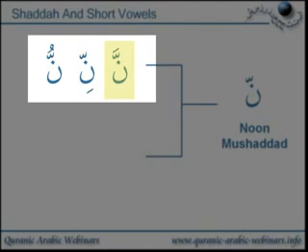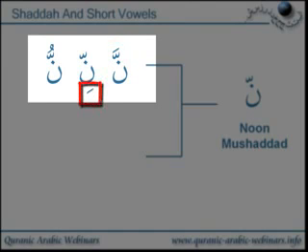So we've got the Noon with Shaddah, and above the Shaddah is the Fatha. The second example, we have the Noon with Shaddah, and underneath the letter is a Kasra. And the last one is a Noon with Shaddah with a Dhamma. So in the Majidi script, the Fatha is written above the letter and above the Shaddah.